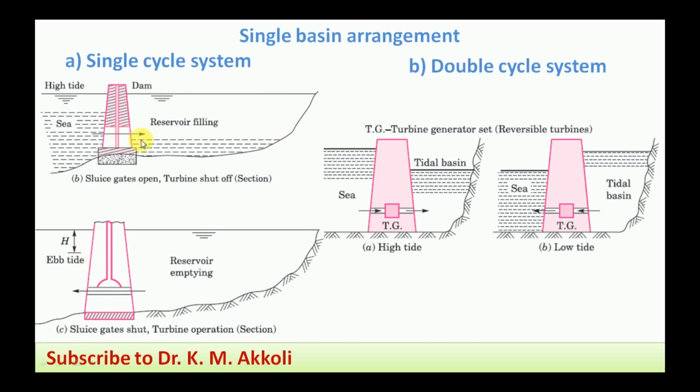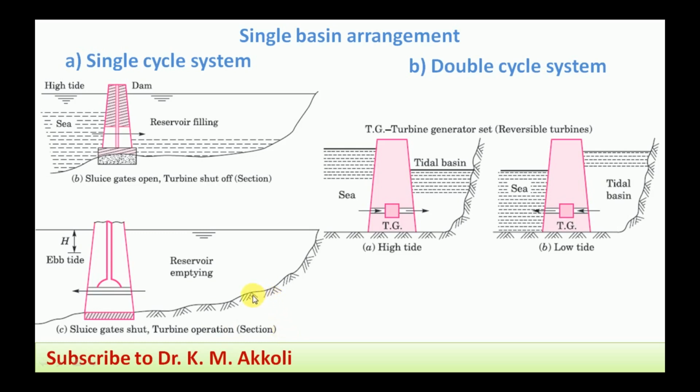Then the sluice gates are set, and the turbine is turned on. Then the water is allowed to flow through the turbine. Then the reservoir is emptying, the water flows from there into the sea at low tide. That is given here: sluice gate set, turbine operation section.